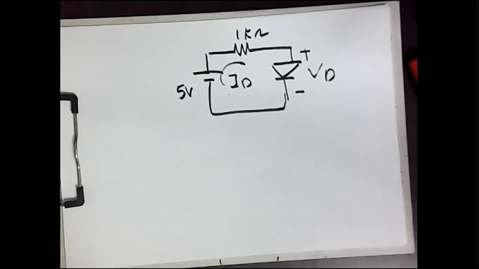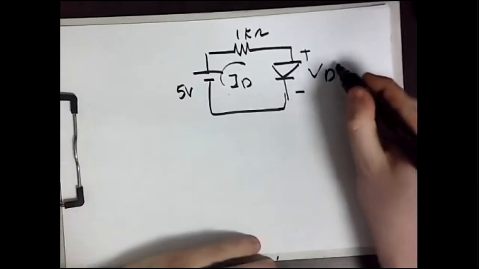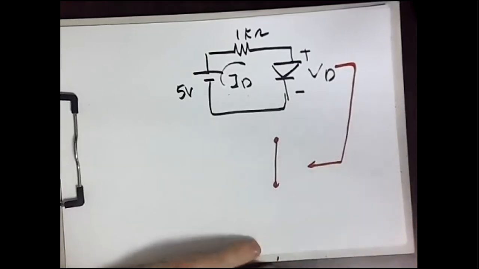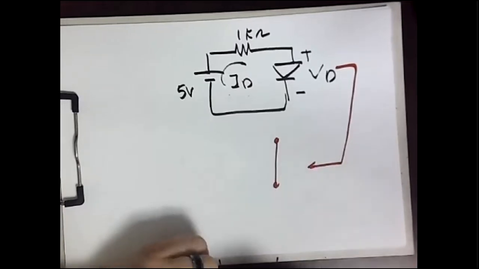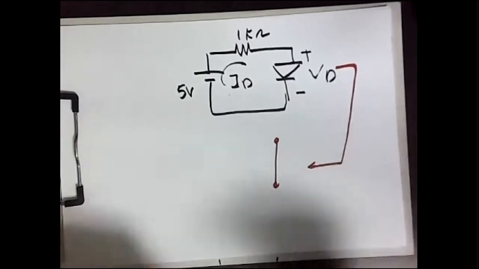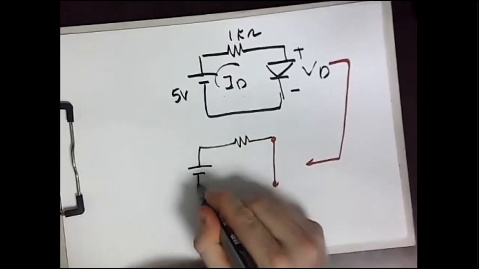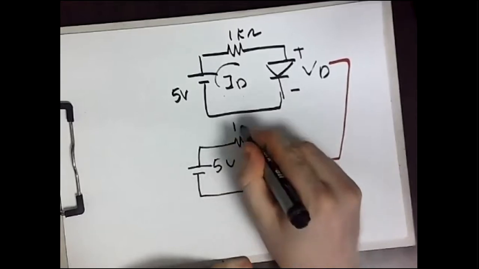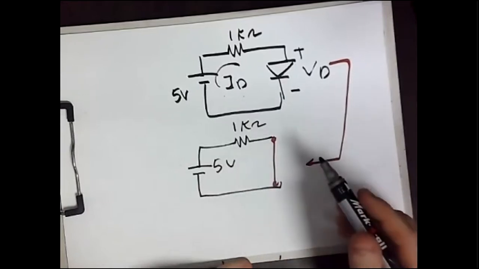Accordingly, if we are using an ideal model, what you are going to do is replace this diode by a short circuit. Okay, so this is a resistance, and this is your source. This is 5 volts and this is 1 kilo ohm. So it's a very, very simple circuit.